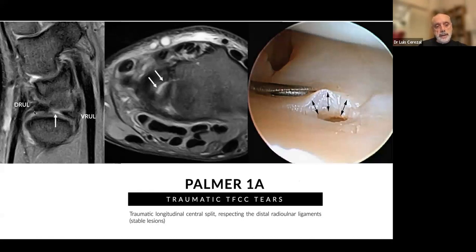We see the normal thickenings of the volar and dorsal radioulnar ligaments and the central tear of the TFC proper. And also in axial images, we see the normal distal radioulnar ligaments and a split tear of the central TFC, and the arthroscopic correlation.